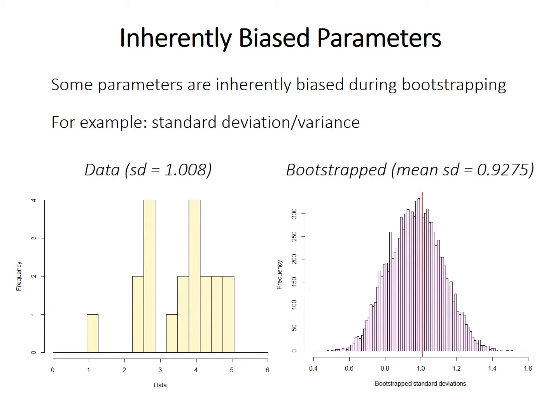There is one caution: some parameters are inherently biased during this bootstrapping process. Measures of dispersion, like standard deviation or variance, are the most common example of these biased parameters. Let's say that I resample this data on the left with replacement, as our procedure for bootstrapping calls for. Remember that we can sample values multiple times or not at all.